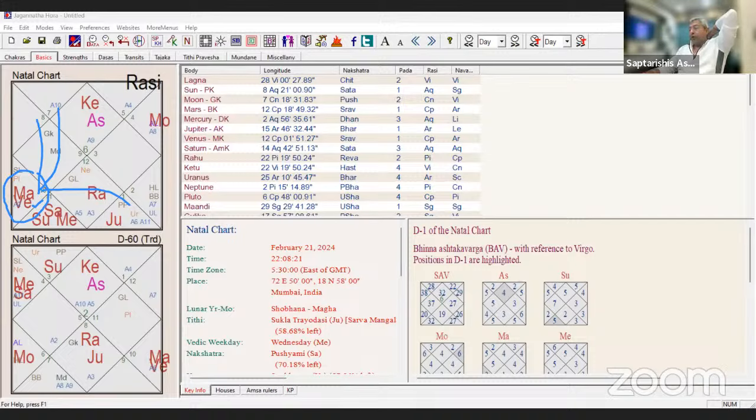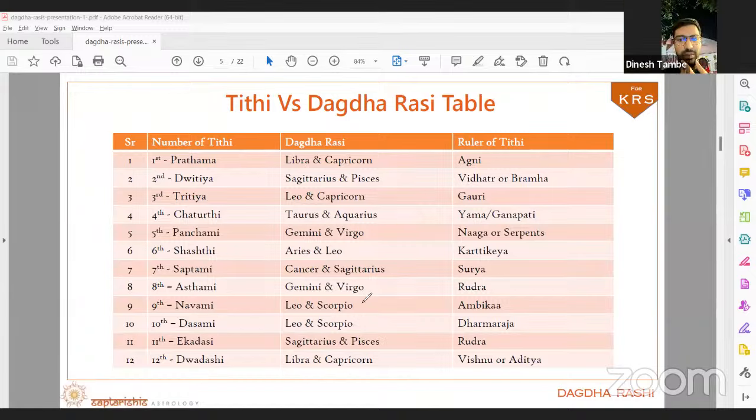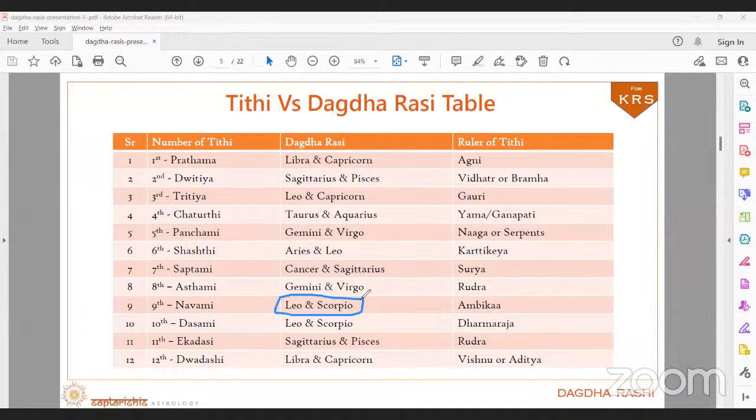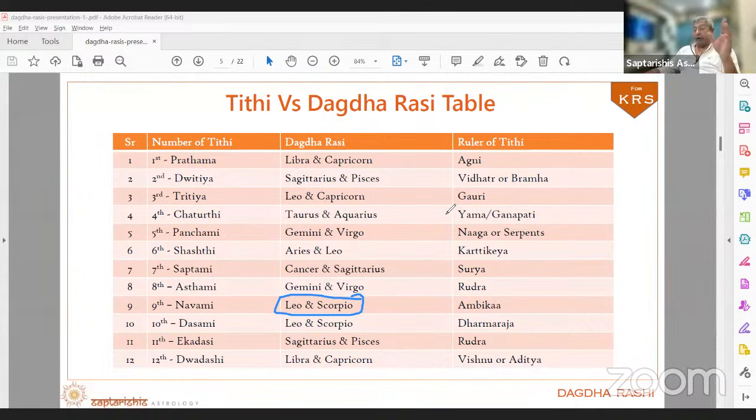Sri Ram was born on Navami, right? His Lagna is Virgo. No, it's Cancer Lagna, sir. Okay, it shows I'm tired. It is the second house of family life.